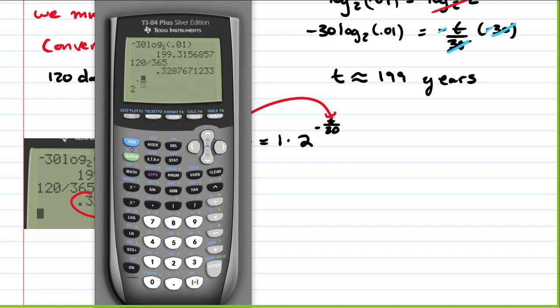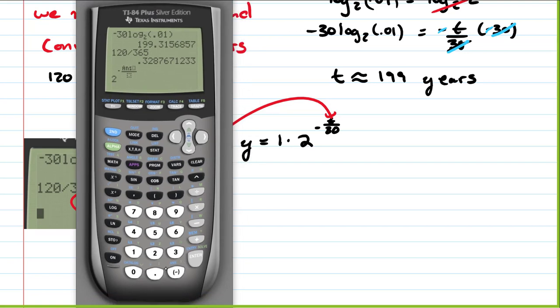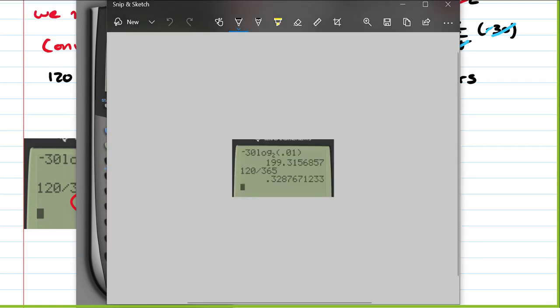And if we want the answer from the previous line, we get that by pressing second and our negative key down here at the bottom. So this guy. And then we divide it by 30. And we get 99.24.